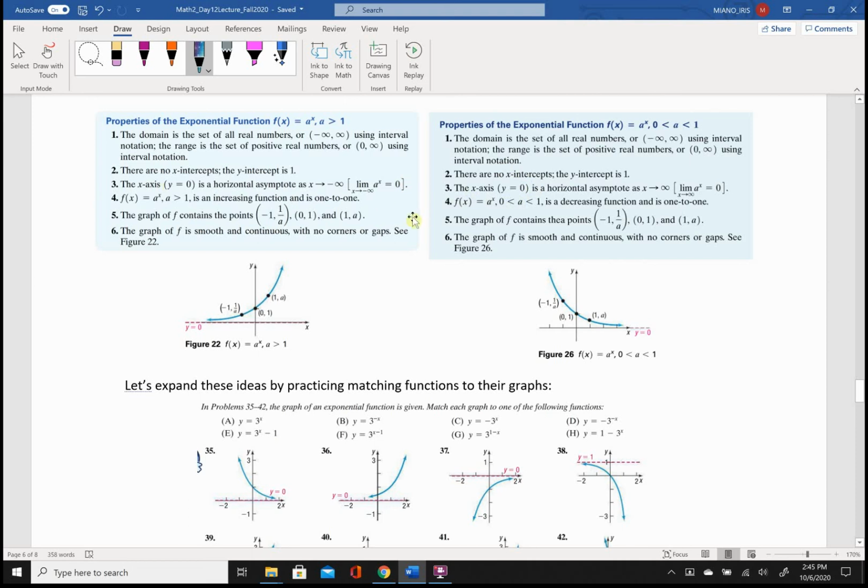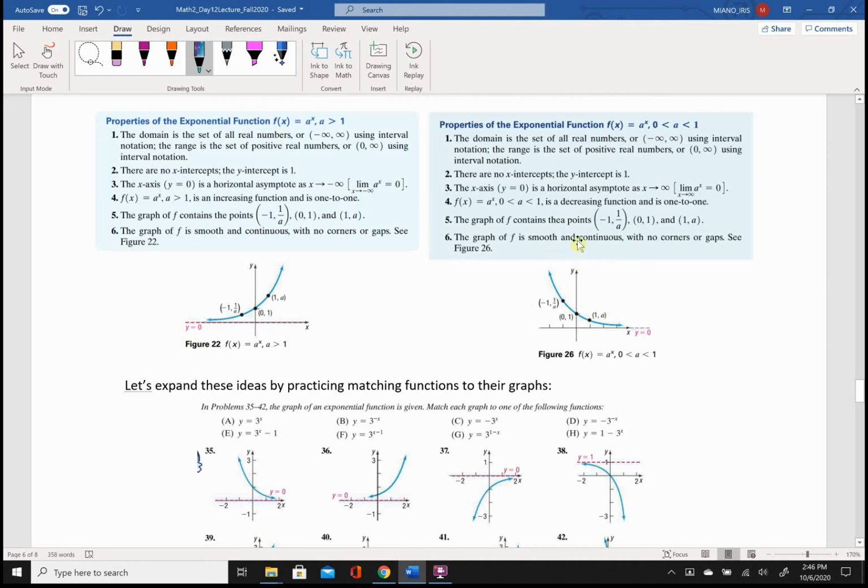It's always y equals 0, which has nothing to do with whether or not you're dealing with a proper fraction or a value greater than 1. That horizontal asymptote is always going to be happening. It just depends on what direction you're approaching that horizontal asymptote from, which will depend on your a value.